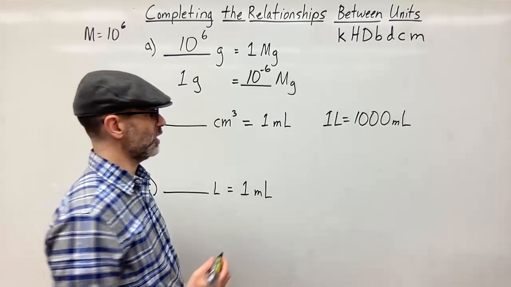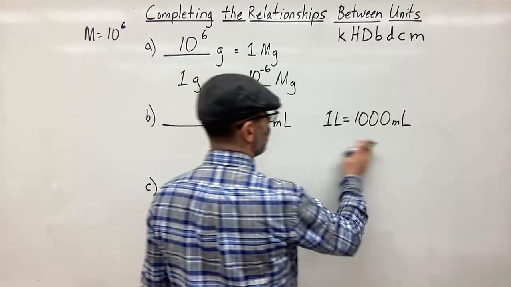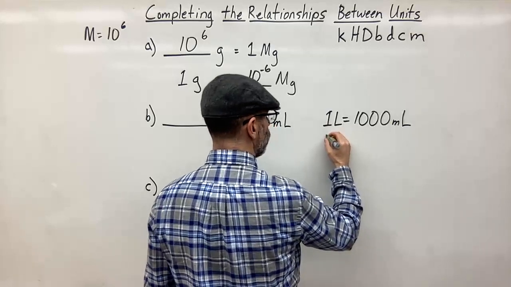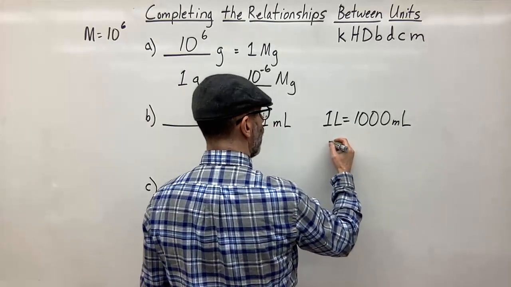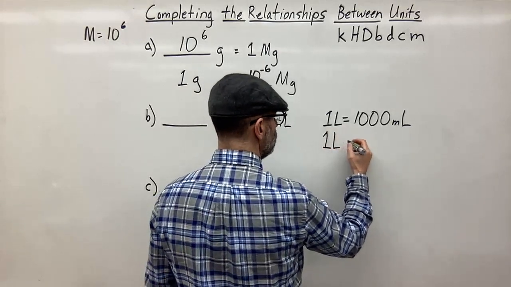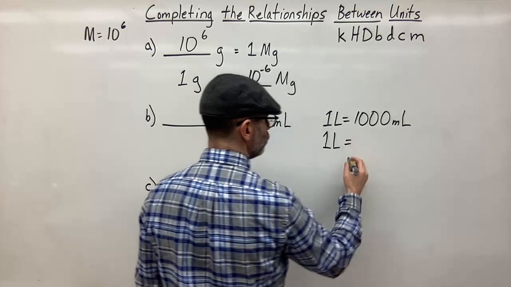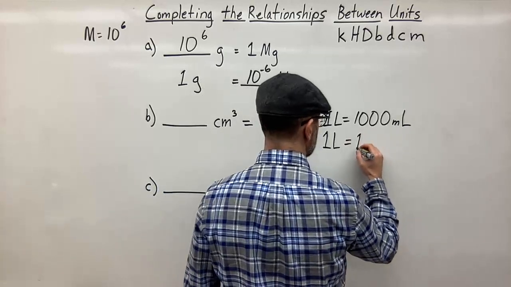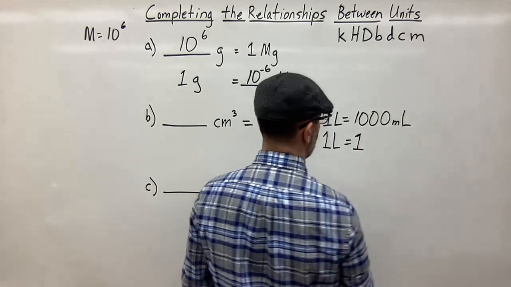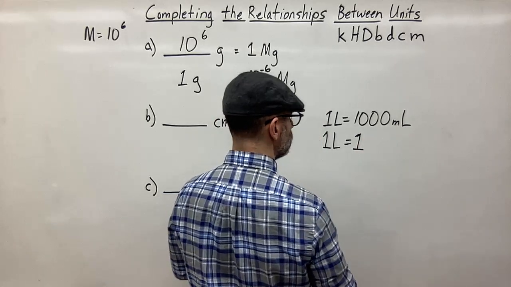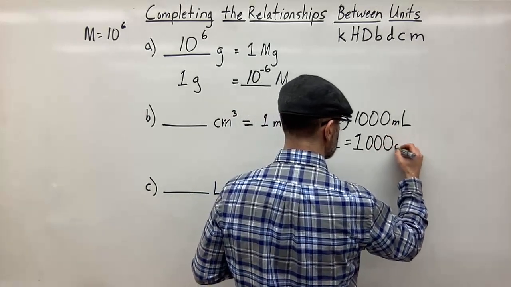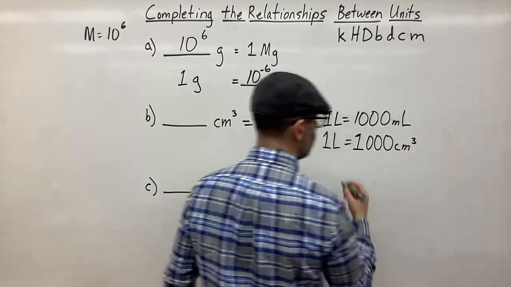And 1 liter is equal to 1,000 centimeters cubed.